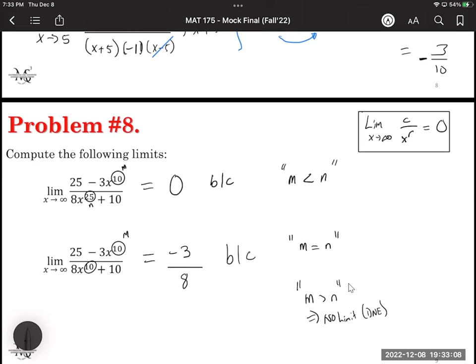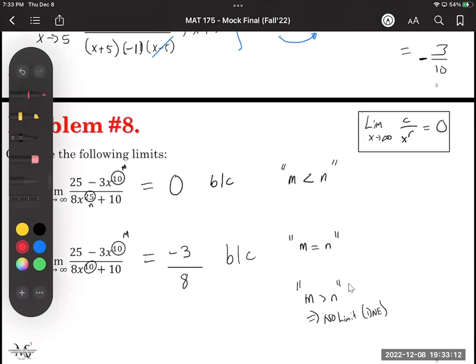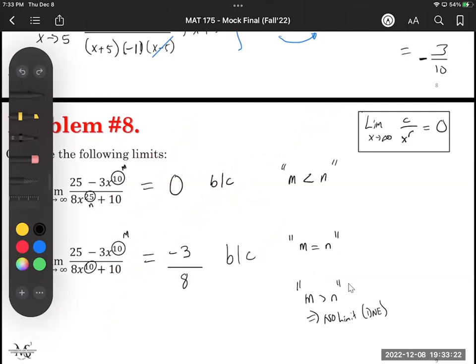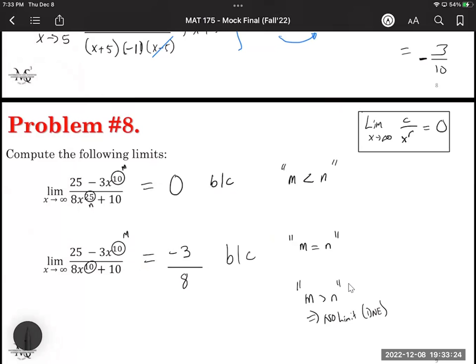absolutely not. If you factor it out, your professor is going to look at your paper, grab that red pen, and go like this. You can't factor it out because if you look at your numerator and denominator, all the terms would have had to have an x to the 10th in order for you to factor it out.